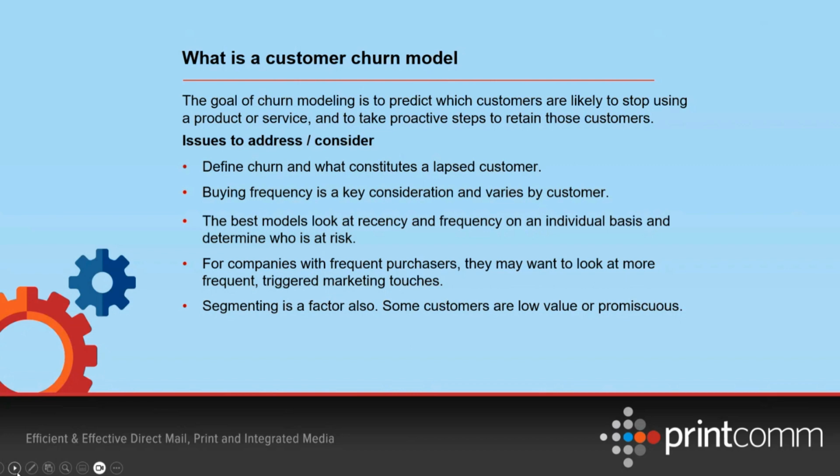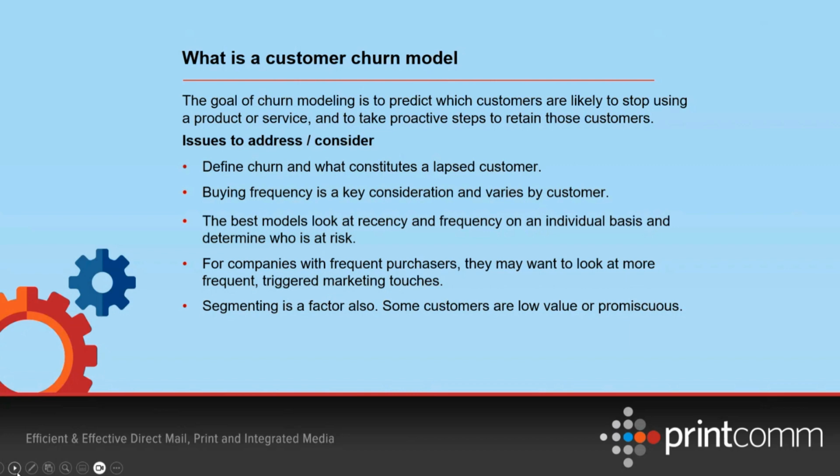Now, there are other markets, for instance, groceries. Somebody's got to buy groceries probably every week or 2 weeks, maybe less expensive interim trips. So, somebody's been coming every week and they don't come for 2 or 3 weeks.